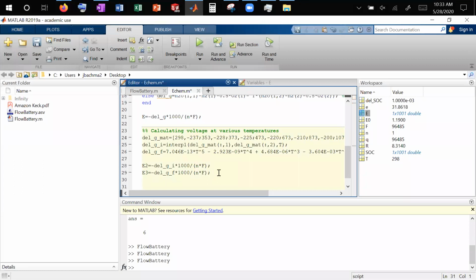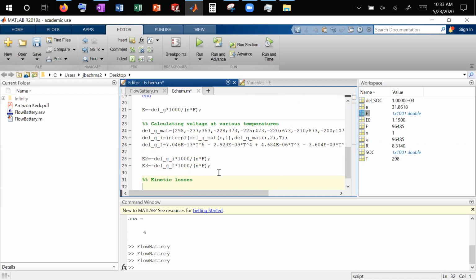So here we're going to plot, this will be where we take into account our kinetic losses. And so our overpotential, I'll just call this eta, because that's the symbol for overpotential. Eta kin, so that's our overpotential due to our kinetics. It's going to be equal to what I just said, this Tafel equation.